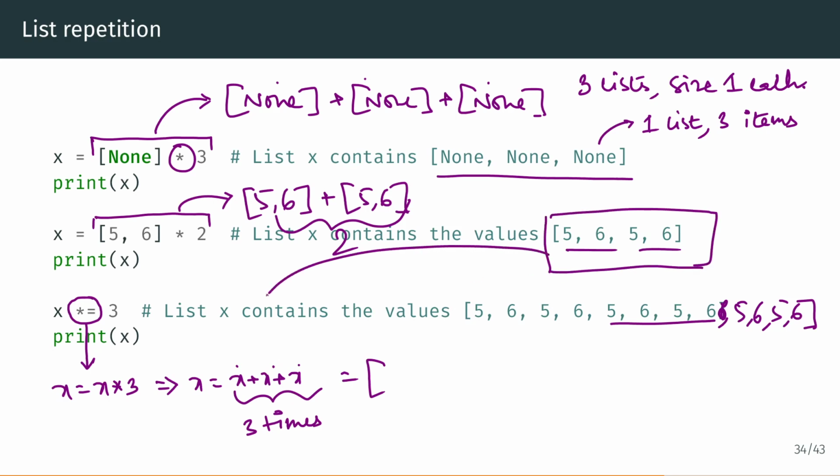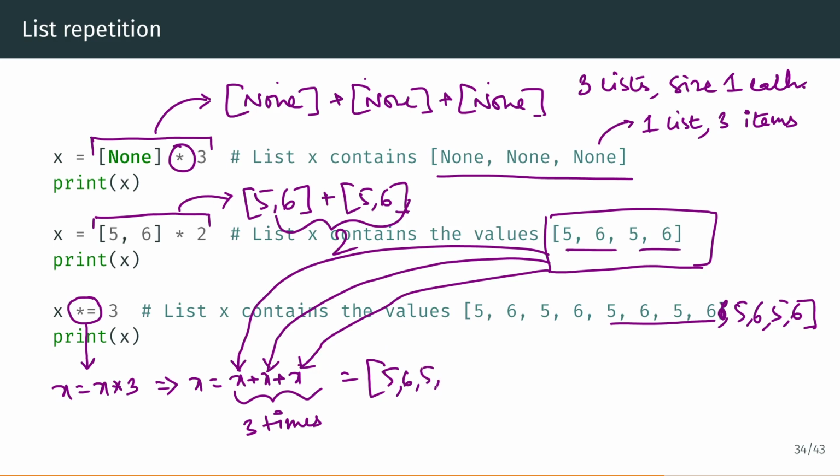This value replaces all the x's here. So essentially what we have is 5656 plus 5656 plus 5656.